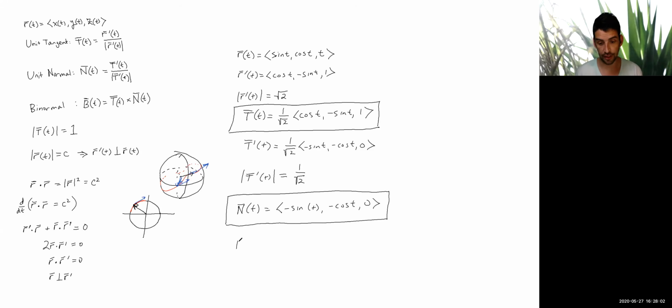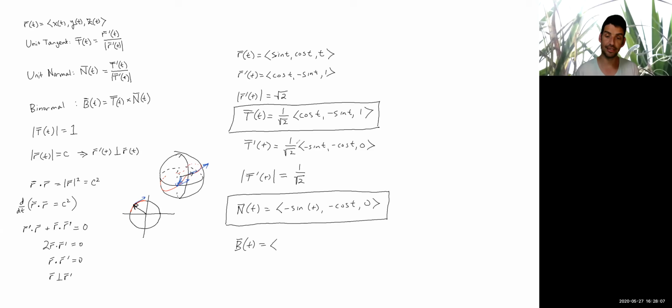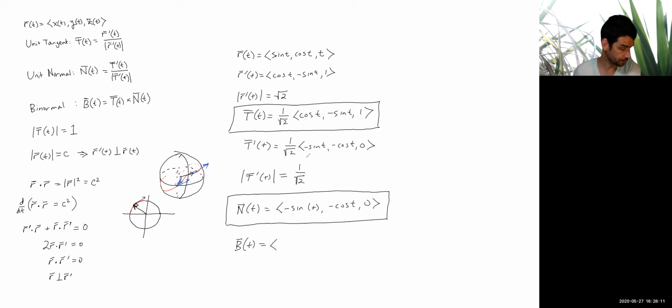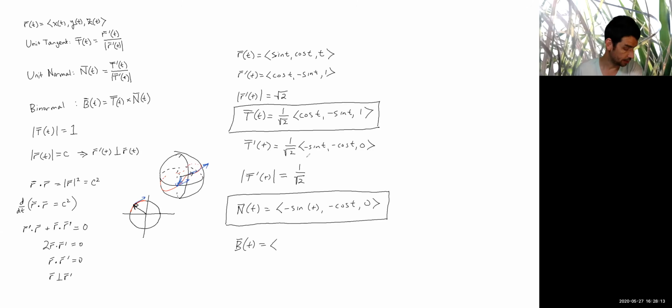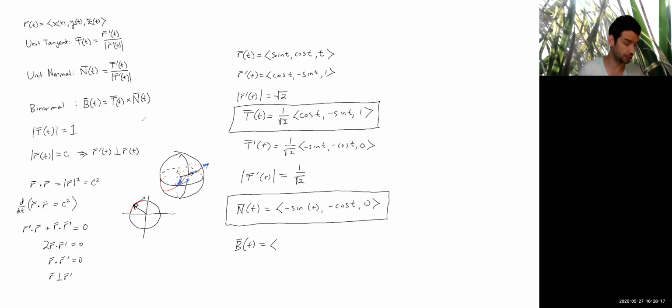And then finally, the binormal vector, which is just the cross product between t cross n, right? That's our definition up here.